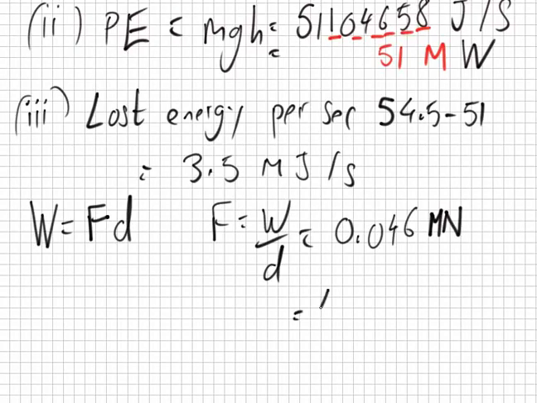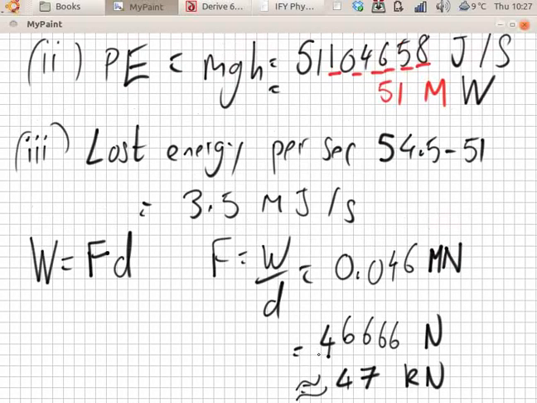So that would be 46,666 newtons, or if you want, I think the nicest way to write it would be 47 kilonewtons approximately. A lot like the block being pushed up the slope.